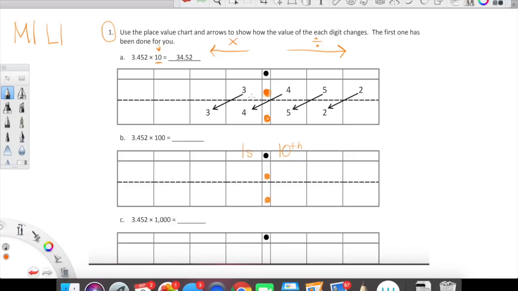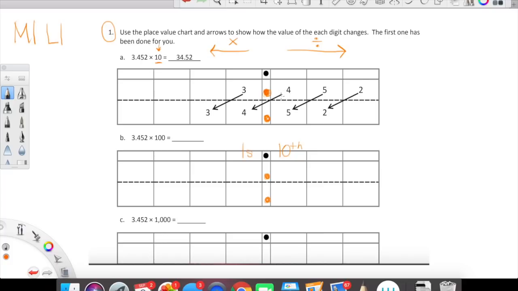So each digit is going to shift to the left just one place value or one column because we're just multiplying it by 10. So we started off with 3.452, multiplied it by 10, which then resulted in each digit shifting to the left one column. So the 3 shifted right next door.